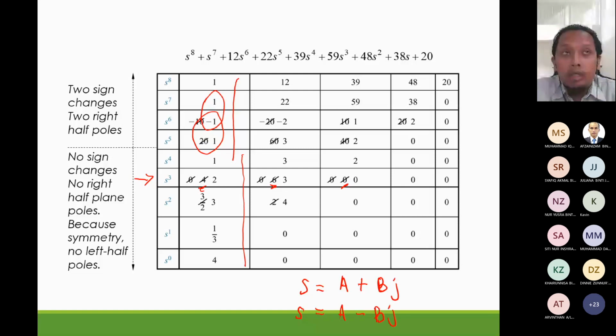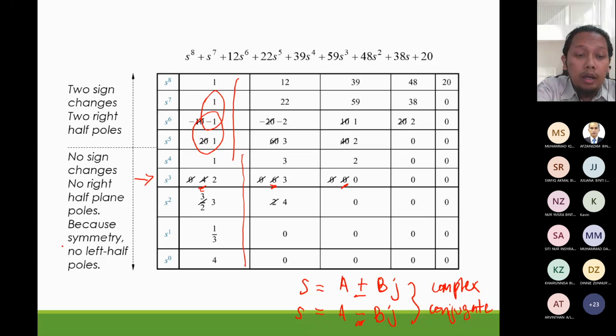Okay. This is, if you still remember your maths back in first year, called a complex conjugate. So a complex number has a conjugate. So it means if one is positive, the other one is negative. So this is called complex conjugate. So later on we will see this complex conjugate and how it actually helps in this symmetry of the S-plane.